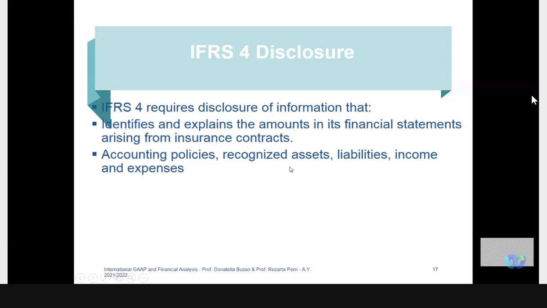Something else that should be disclosed is the accounting policies, recognized assets and liabilities, income and expenses. Again, what I'm saying is that the standard does not impose any restrictions or require specific things for companies to do, how to recognize these elements, but only how to disclose them.